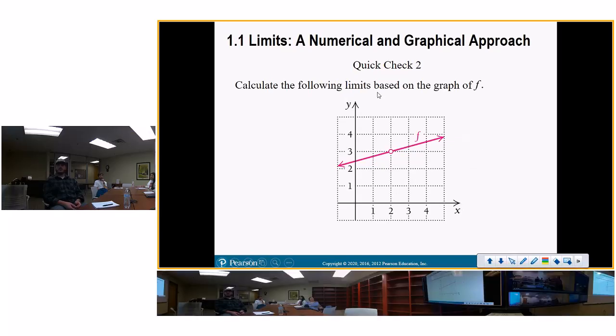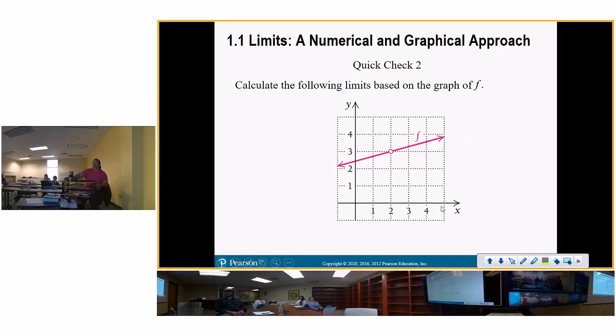Calculate the following limit based on the graph. The limit as x approaches 2 is what? 3. That's a test question. I'm not going to make this hard for y'all, okay? If you understand the squeeze theorem, that as I bring x from the left and I approach 2, I'm approaching 3.